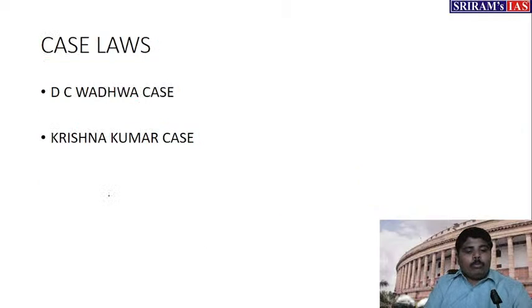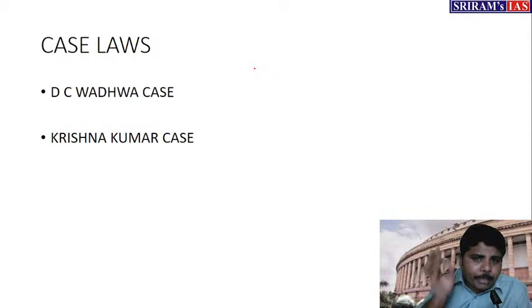Now, the D.C. Wadhwa case and the Krishna Kumar case, two case laws, are very important. In these cases, the Supreme Court of India made some observations. They declared that repromulgation of ordinances by bypassing the legislative procedure is unconstitutional.